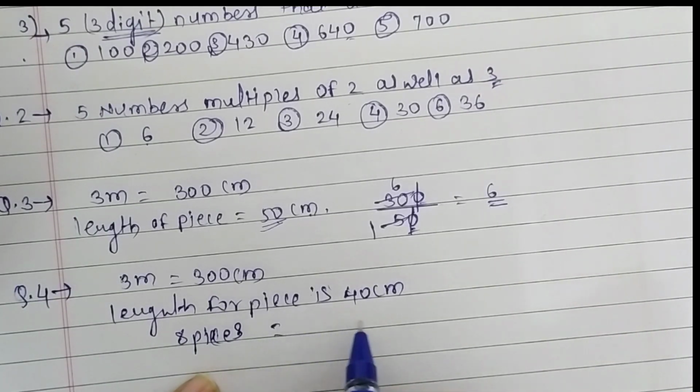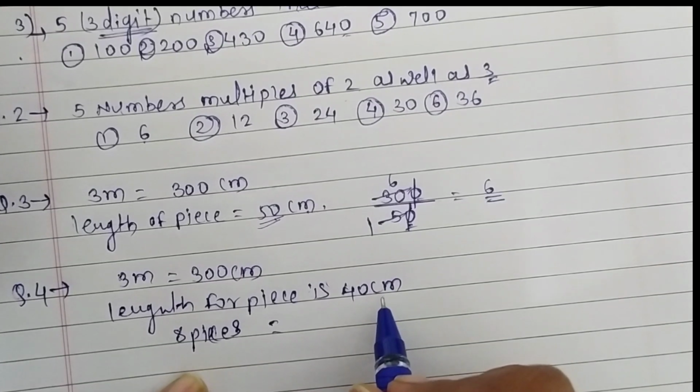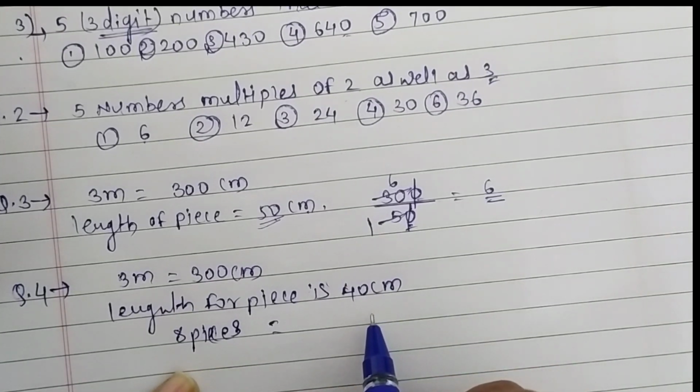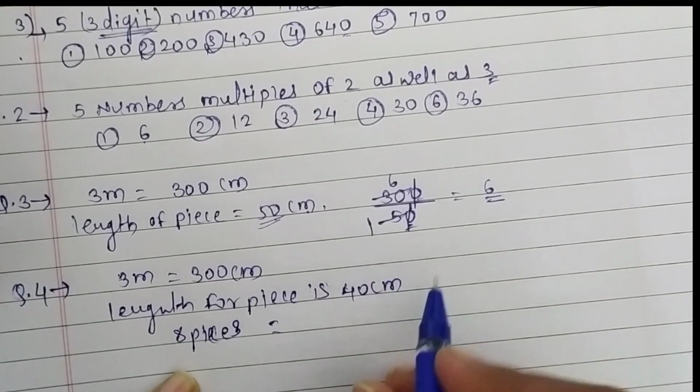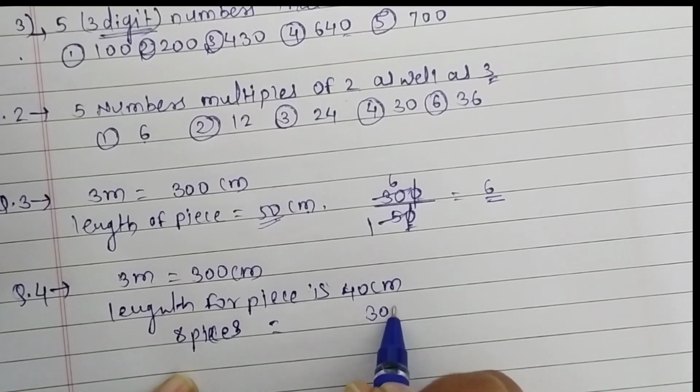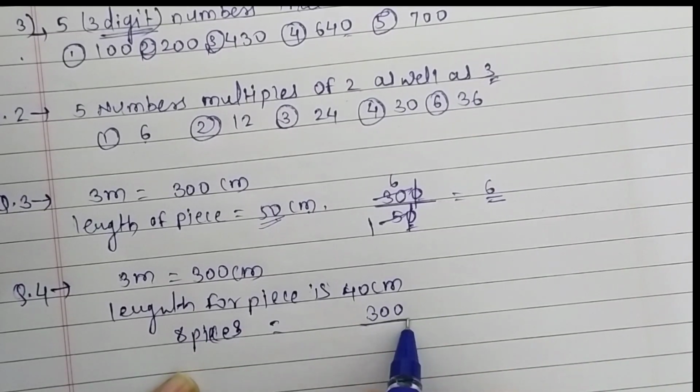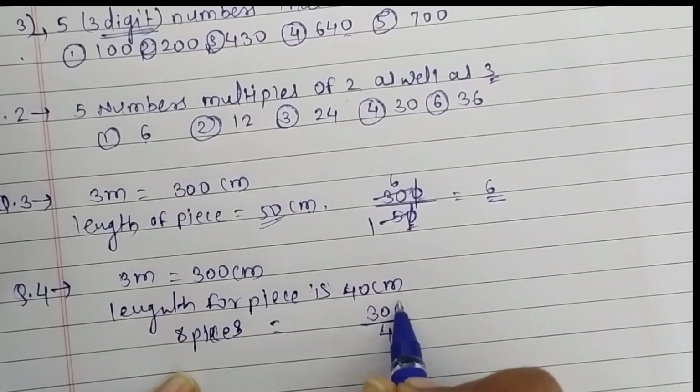So here let's look, is there a possibility of 8 pieces? We are going to divide 300 by 40.